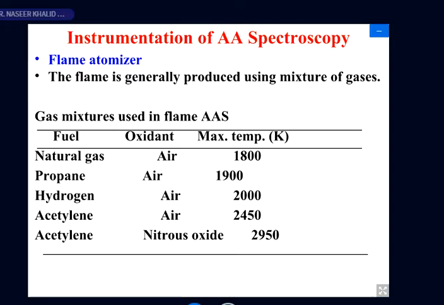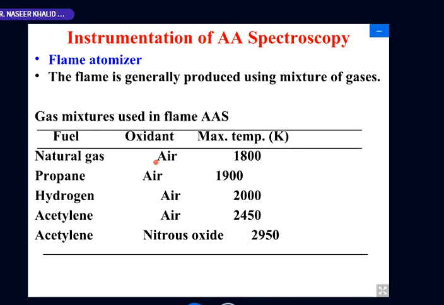Generally, a flame is produced by mixing gases. For example, we burn natural gas, the gas in our domestic use.